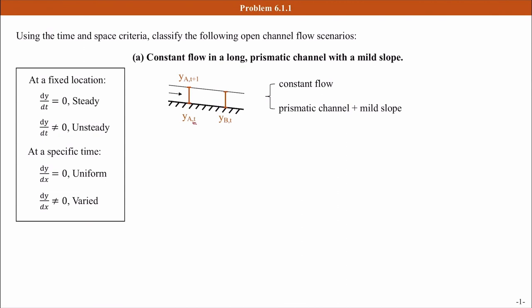Then there is steady flow. The prismatic channel and the mild slope imply that the water elevation doesn't change along the channel. So it is a uniform flow.